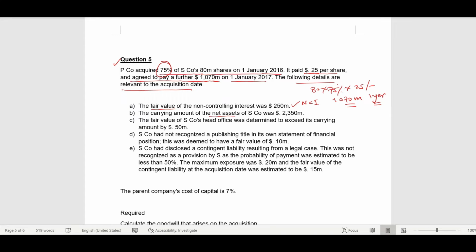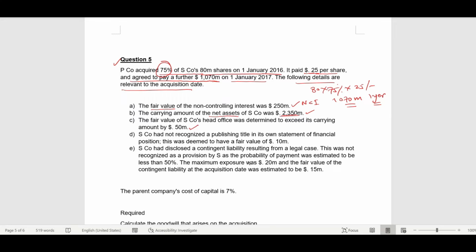The carrying amount of the net assets of S company was 2,350,000. The fair value of S company's head office was determined to exceed its carrying amount by 50 million.